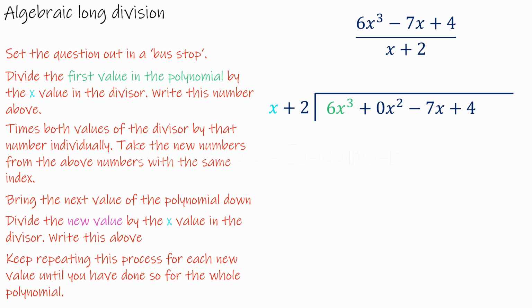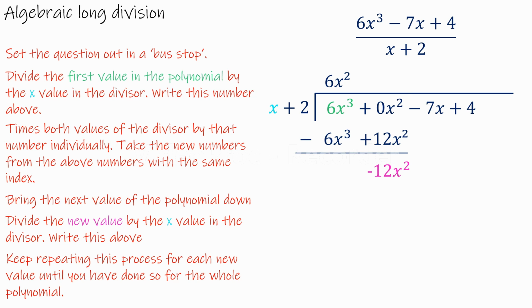Now, obviously we're just going to follow the same steps again, so 6x cubed divided by x is going to give us 6x squared, and then we can just take 6x cubed from below. 2 times 6x squared is going to be 12x squared, so we can take that from our 0x squared, which is going to give us minus 12x squared.